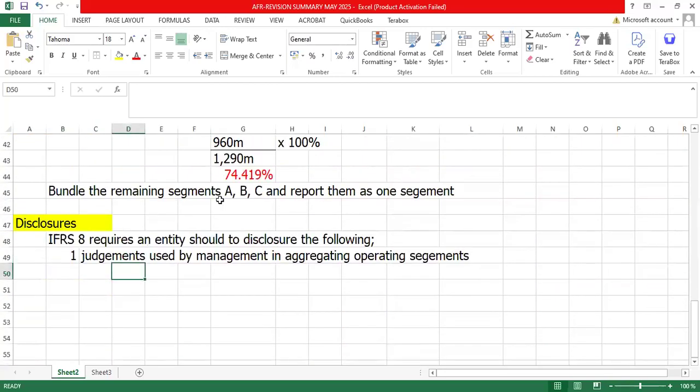Then number 2, tell us the basis for determining the reportable segment.